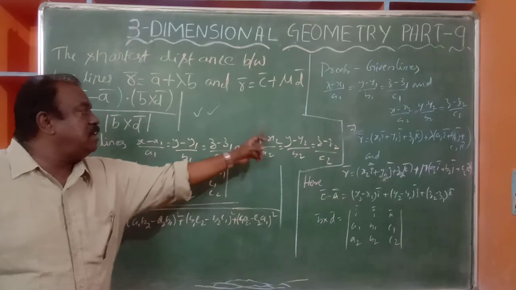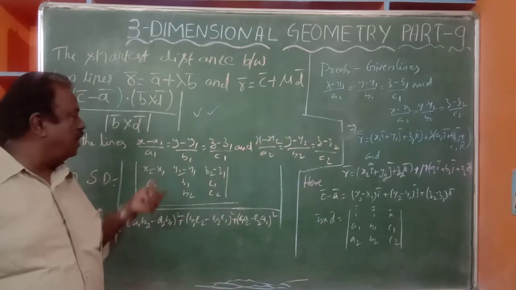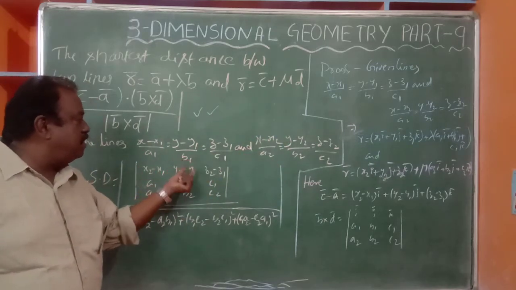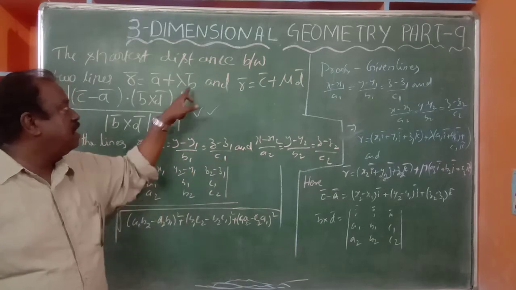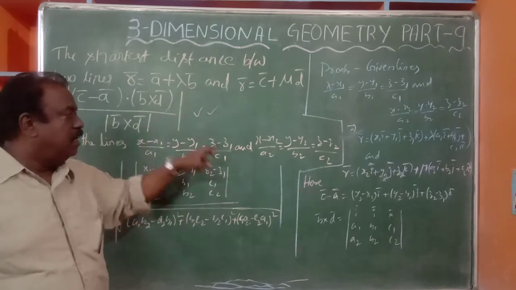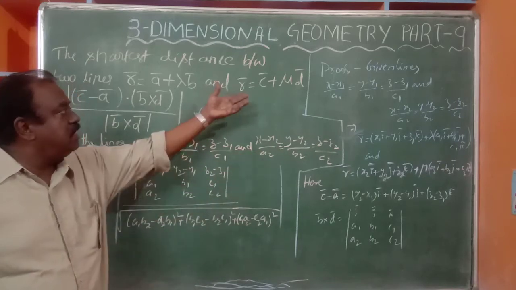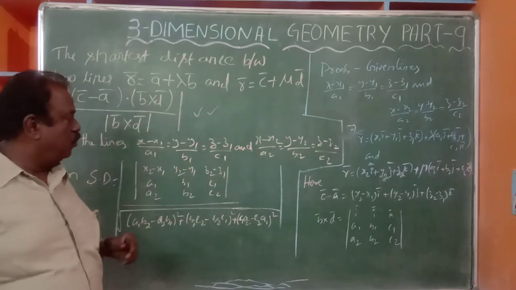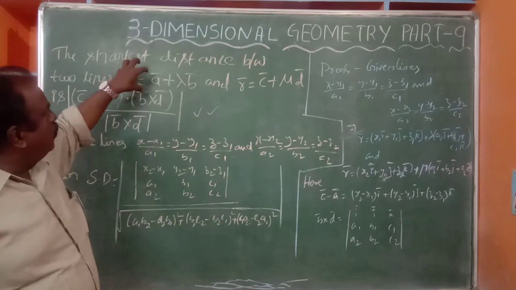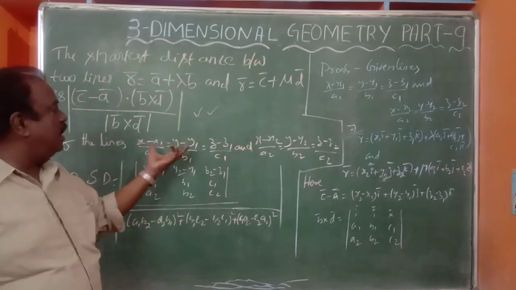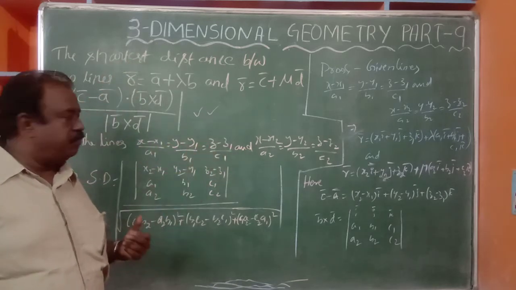Here c bar is x2, y2, z2. a1 i plus b1 j plus c1 k is b bar, and a2 i plus b2 j plus c2 k is d bar. This is the vector equation and this is the Cartesian form.